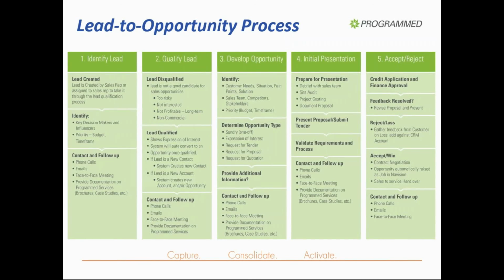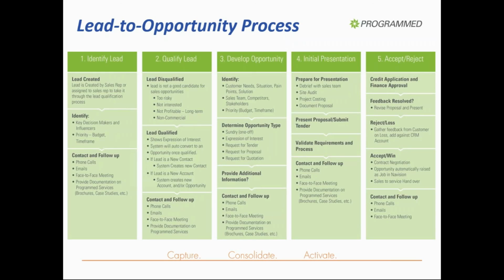The first 2 stages reflect the lead. The next 3 reflect the opportunity. And you'll see here a summary against each of these stages to help guide you through each of those stages in order to qualify that stage.